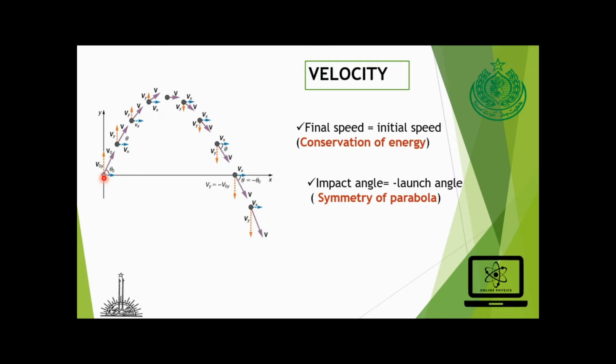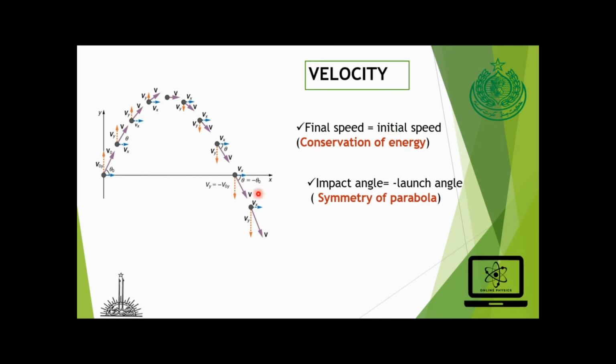Okay, after all, the conclusion: the initial velocity component at the point of launch and at the point of impact is the same, but in opposite direction. This final velocity Vy is equal to the initial velocity v naught y, but in opposite direction. So final speed is equal to initial speed. This is conservation of energy.